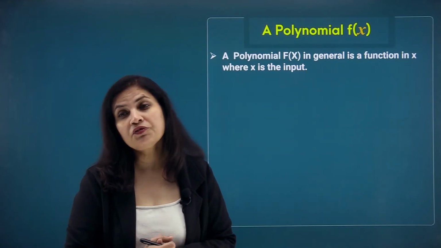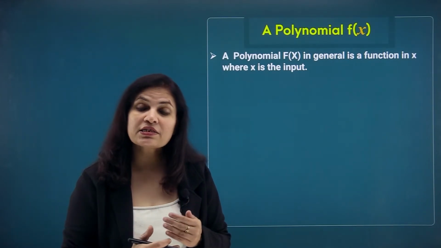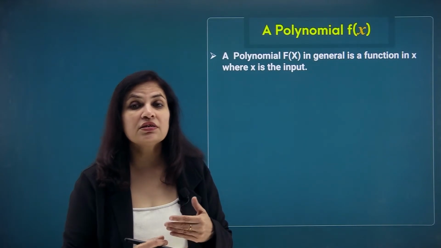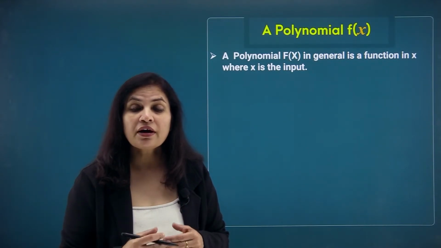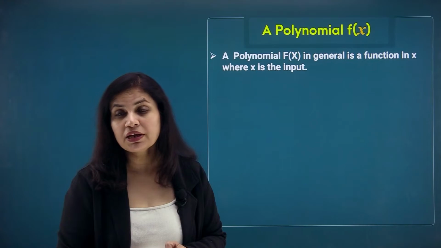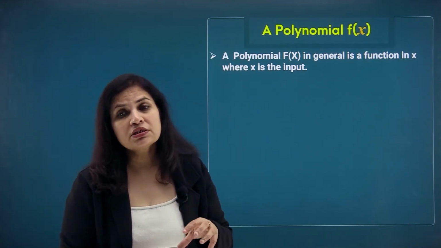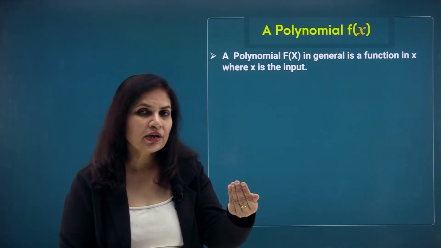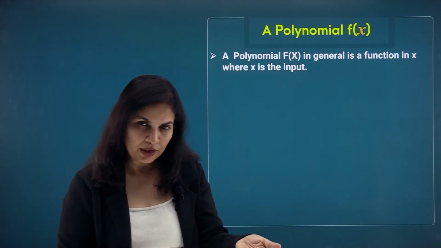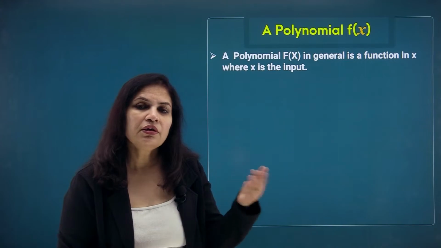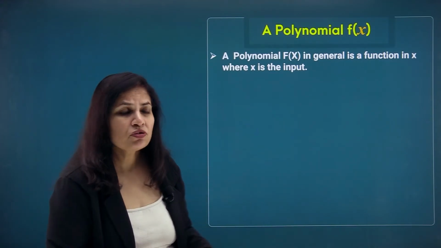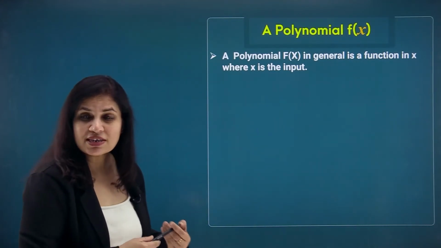When I am talking about a function in x, that means my variable x is behaving in a certain way, and here x is considered to be an input which, when put in a certain machine, will work in a proper, defined way. So, what is that defined way? What is the function?